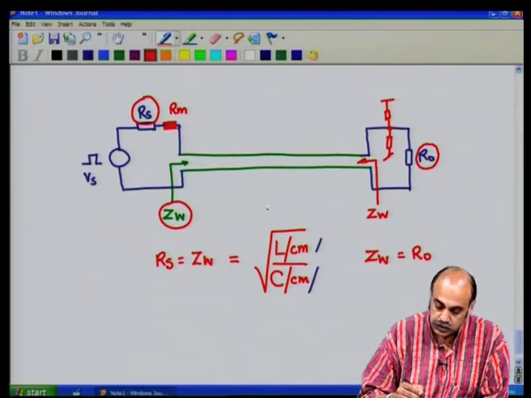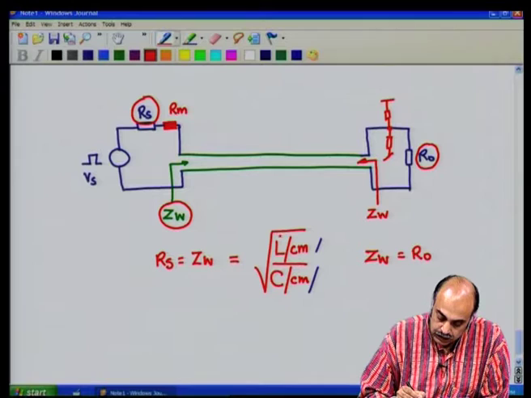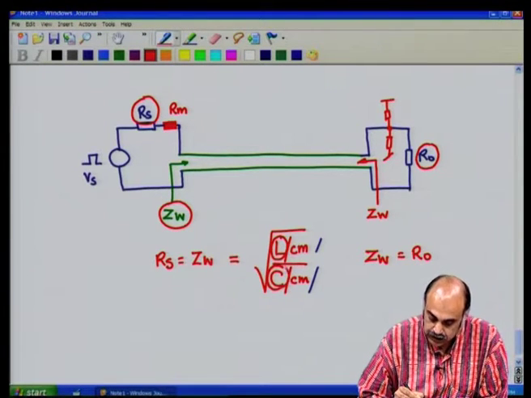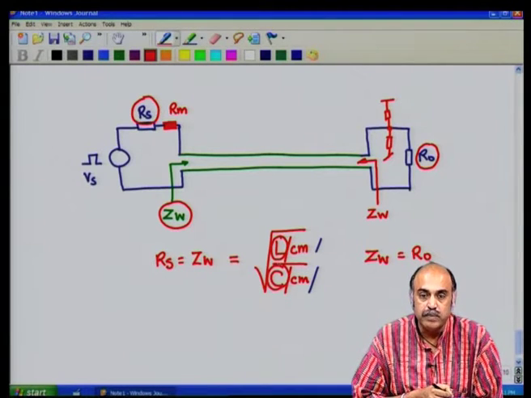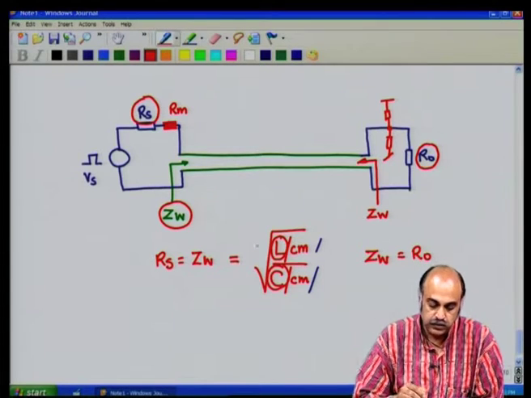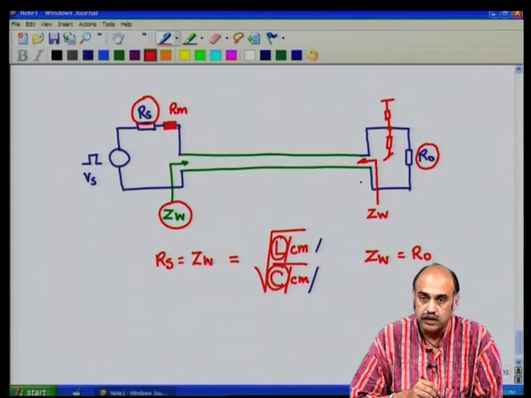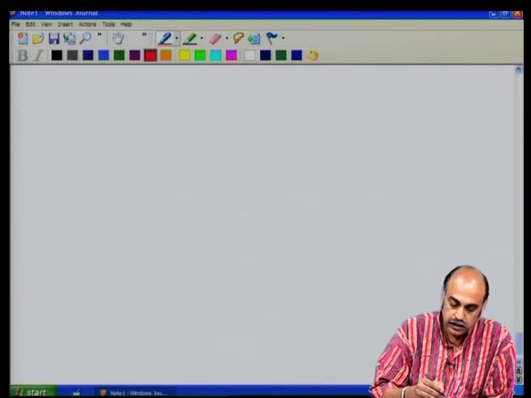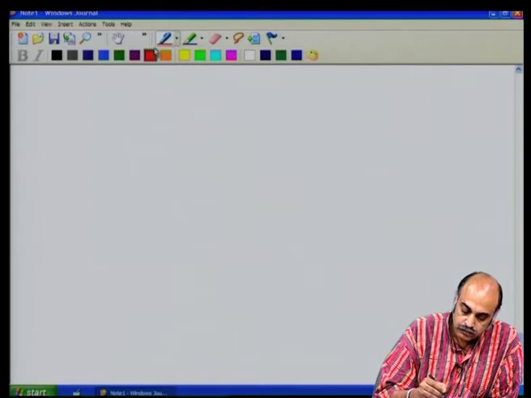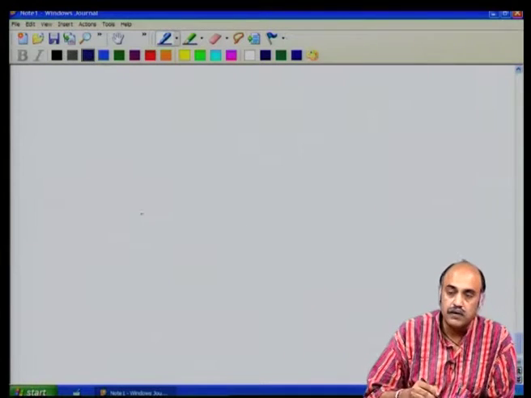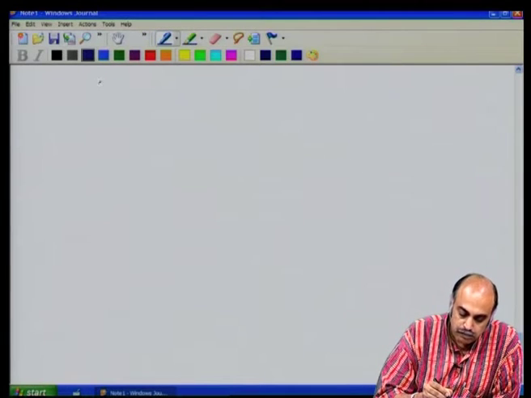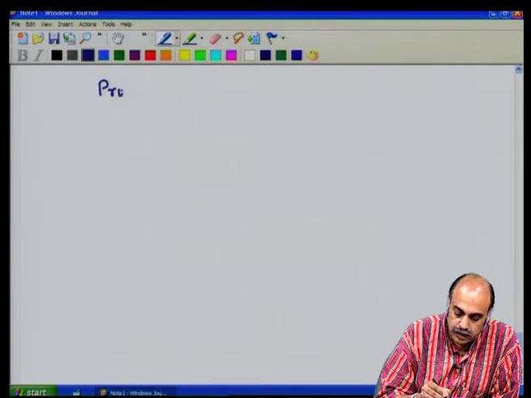Now, one could also change the values of L and C to bring about a change in the character of the transmission line, such that you bring about a matching of the impedances. So, on the tracks, apart from putting external components, one could also make printed capacitors and printed inductors.